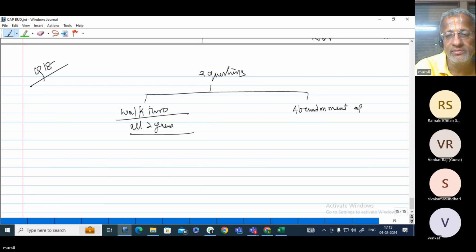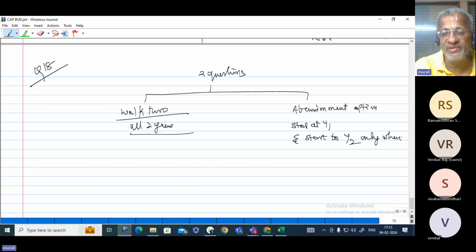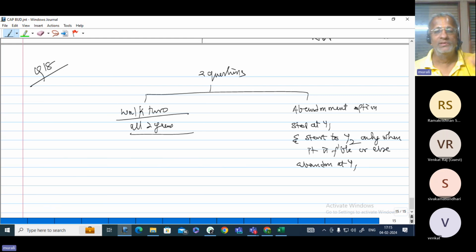That means you stop at year number 1 and go on to year 2 only when it is favorable, or else abandon at year number 1 itself. Is that clear? So you walk through all 2 years, come what may, just run for 2 years.